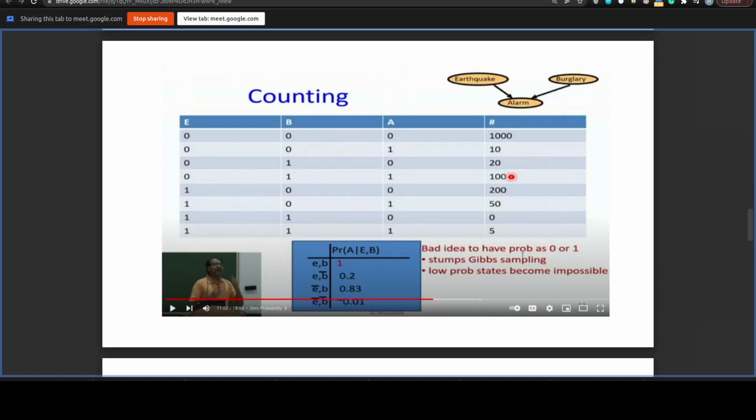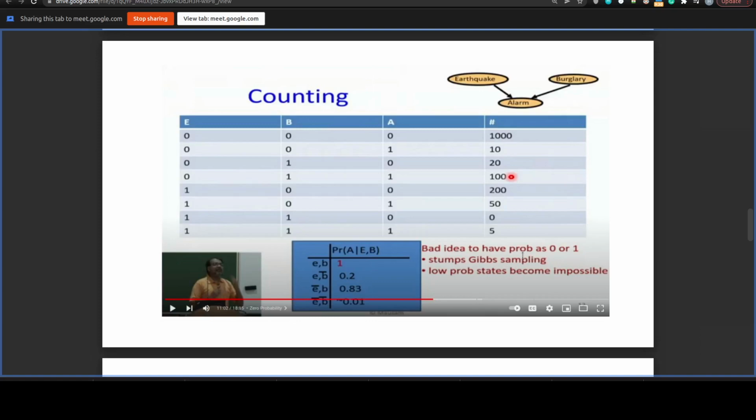In that case, the probability of that event is very small. So if you just count, let's say I'm living here for 10 years and there is no burglary, you might say, counting all the days, that the probability of having a burglary in this area is almost 0, right? But that's not true. So it stumps Gibbs sampling, and low probability states become impossible.